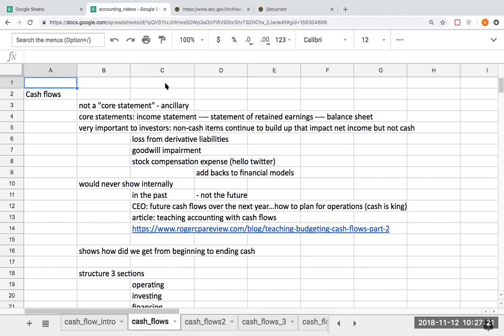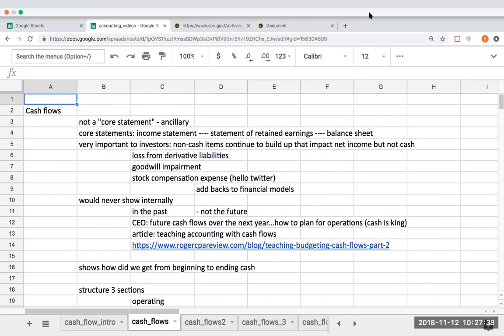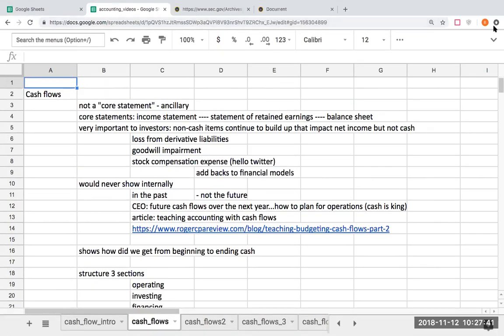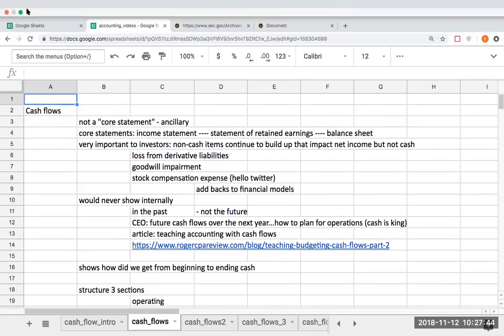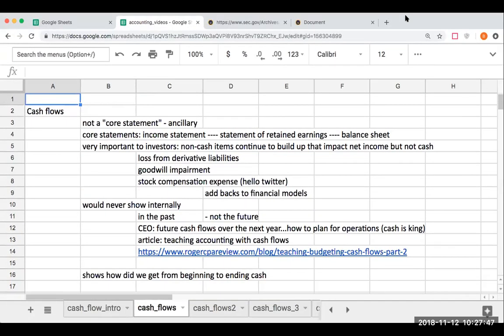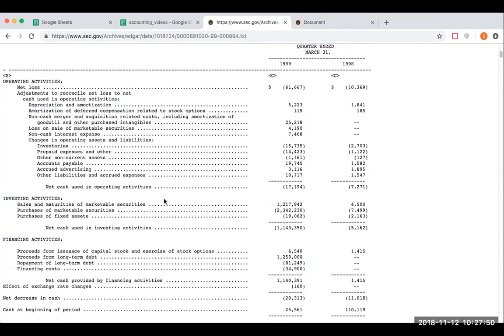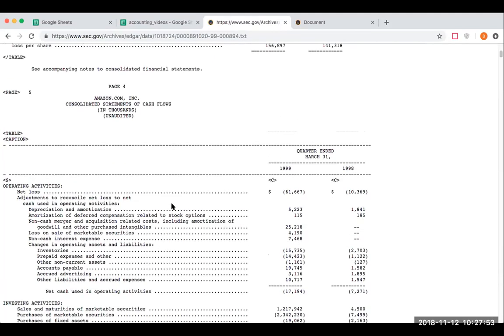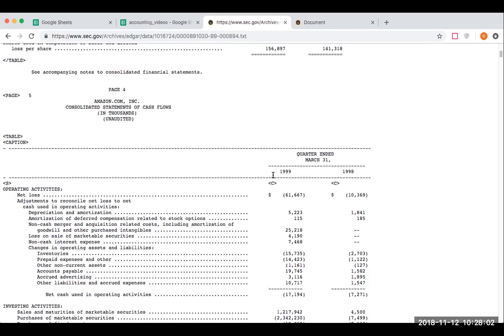And so when we look at the statement of cash flows, what it's really showing us is how did we get from our beginning cash balance to our ending cash balance. And let's just take a look right here. What I've tried to do here is, this is the statement of cash flows for Amazon, for the quarter ended, or the 3 months ended, March 31st, 1999.